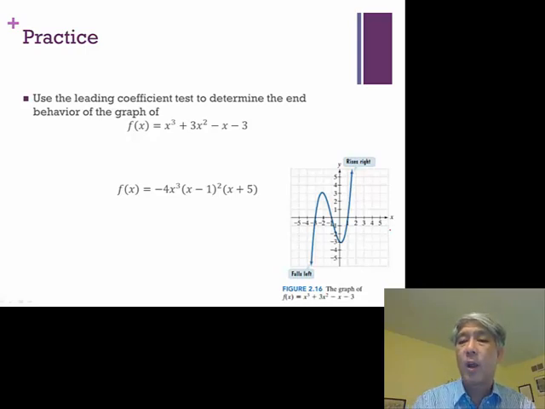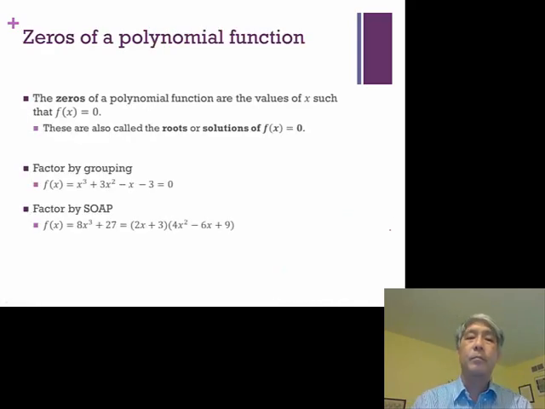When you multiply it out, all you care about is the degree. In this case, my degree would be 6, 3 plus 2 plus 1, and my leading coefficient would be minus 4 times 1 times 1, or just minus 4. So that gets us the end behavior.